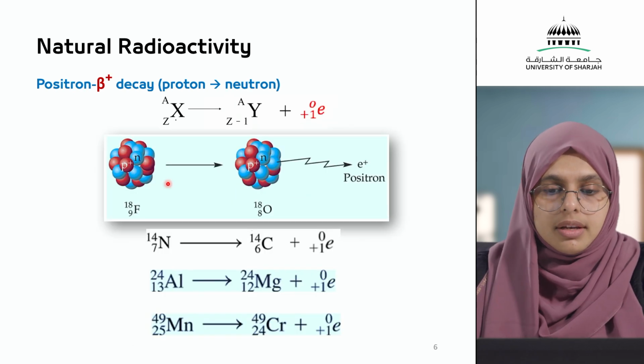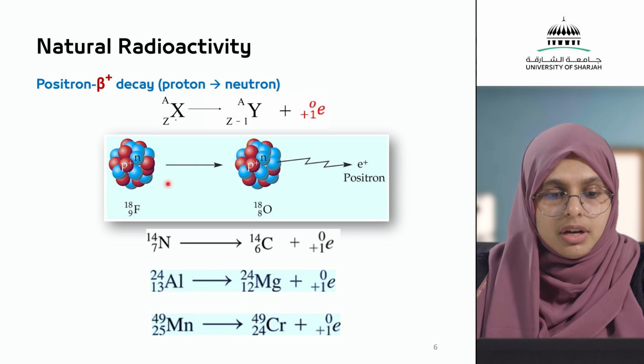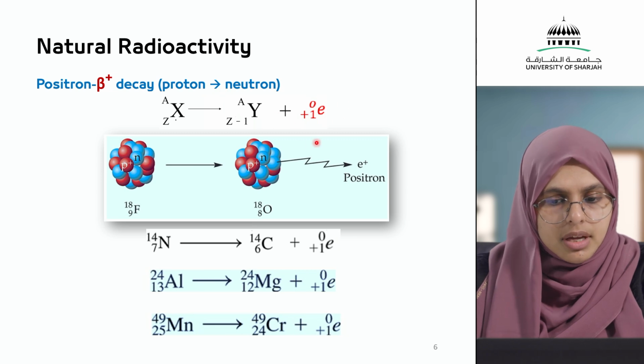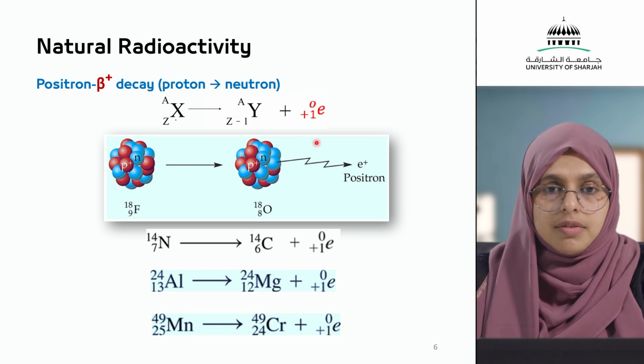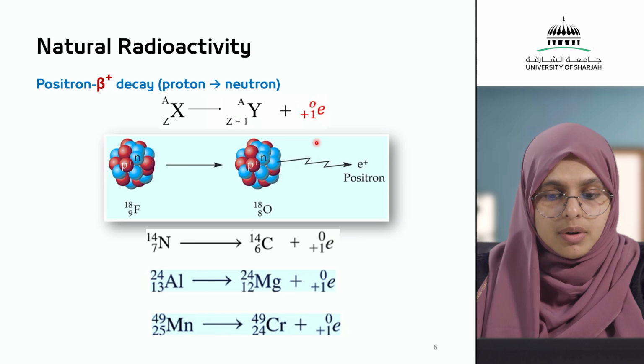Positron decay. Nuclei that have too many protons for stability often decay by changing a proton into a neutron. In this decay mechanism, a positron is emitted. A positron has the same physical properties as an electron except that it has 1 unit of positive charge.